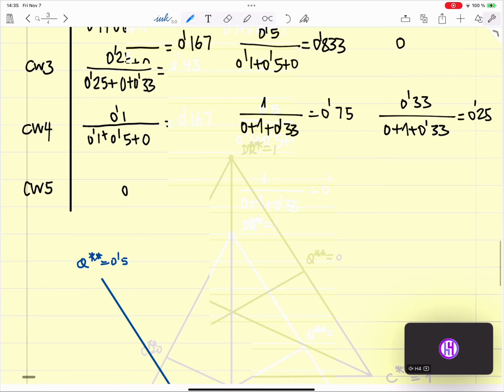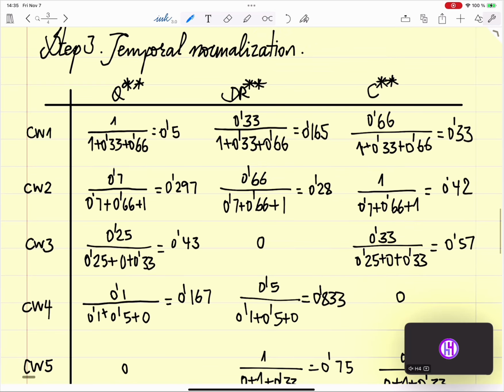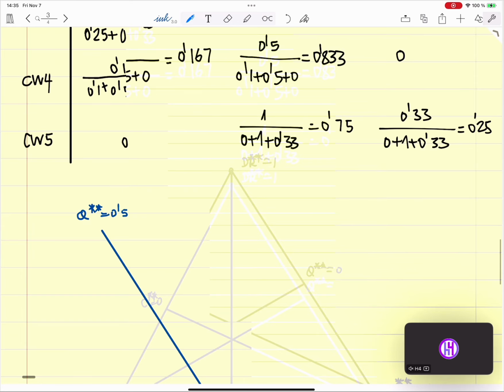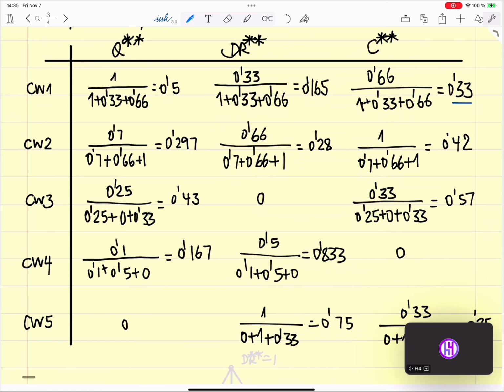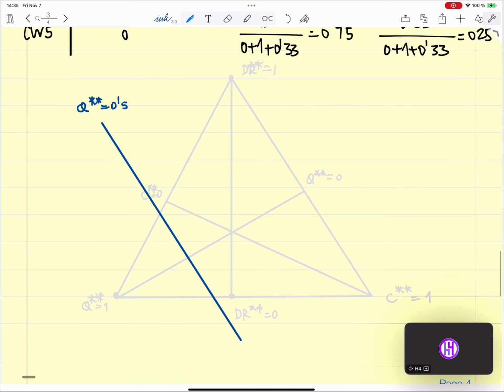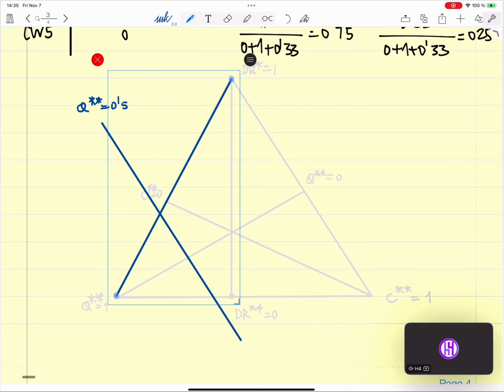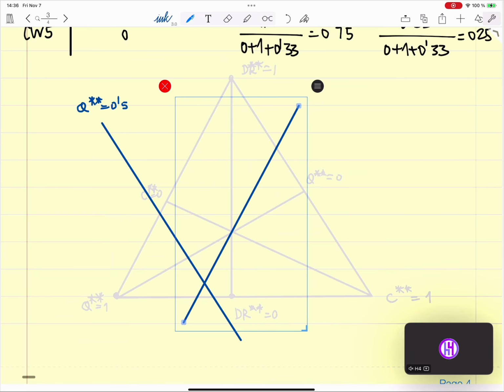The line of delivery rate 0.165 could be used, but I prefer to use the cost 0.33, because I already have the point. So all the points that have cost 0.33 are parallel to this line and go through the middle point. Again, they go through the middle point because this middle point is our reference.